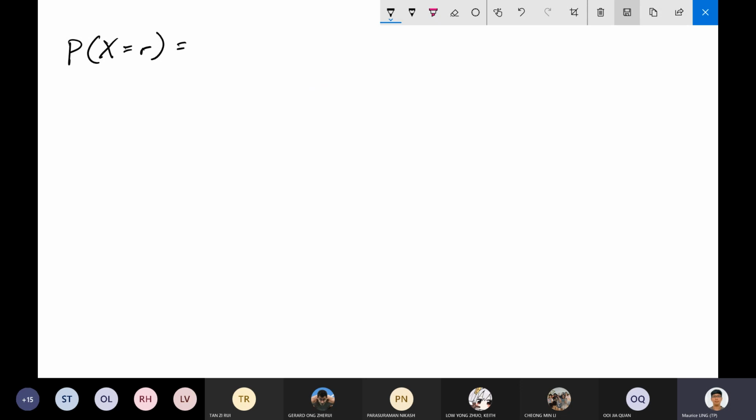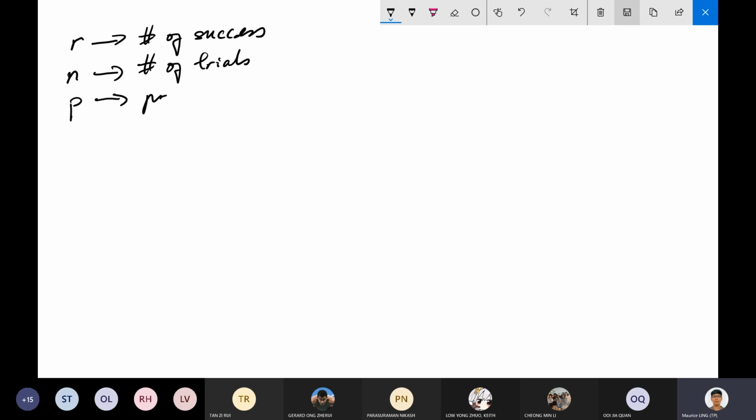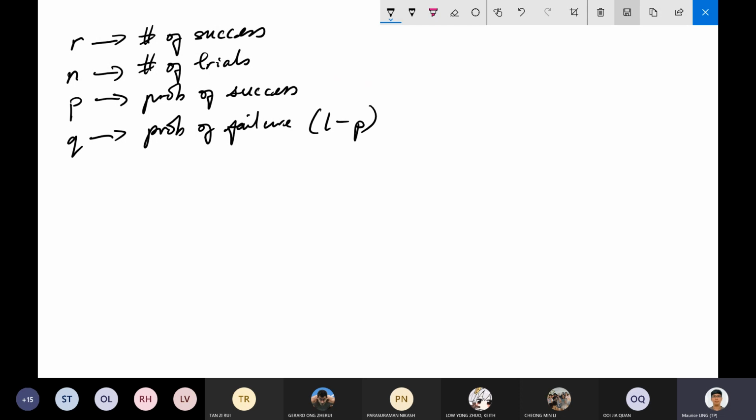So we say that R is the number of successes, N is the number of trials, P is the probability of success, and Q is the probability of failure, which also means that this is actually 1 minus P. So I want to find the probability of getting a specific answer.